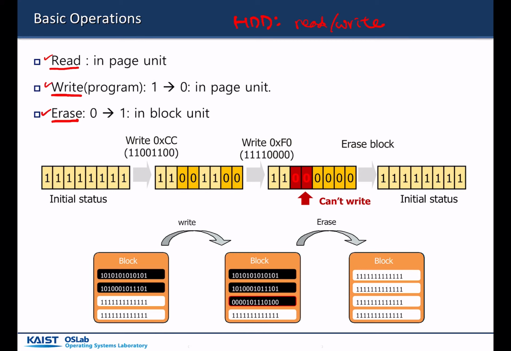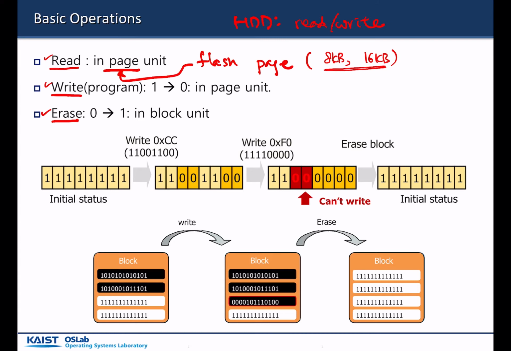Read and write are performed in page units. In flash SSD, the basic unit of read is the page, which is usually fixed, and normally state-of-the-art SSDs have an 8 kilobyte or 16 kilobyte page size. It is determined by the flash product.